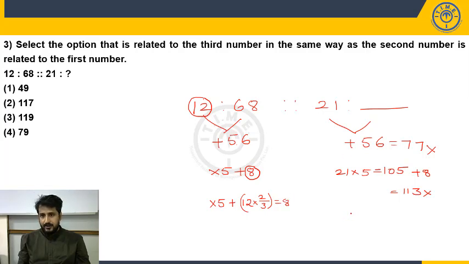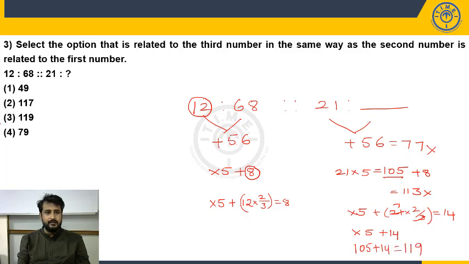What will I get? 21 5s plus 2/3 of 21. 2/3 of 21 is equal to how much? 14. 3 7s are 21, 7 2s are 14. So finally I can say that my logic is into 5 plus 14. Not into 5 plus 8, into 5 plus 14. So 21 5s are 105 plus 14 is 119. It is available in the choices, third option. So you can also deal in this way.